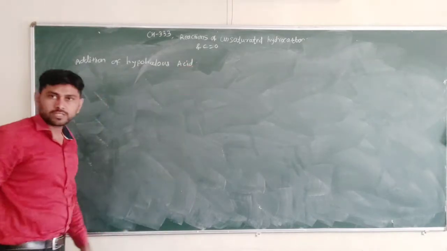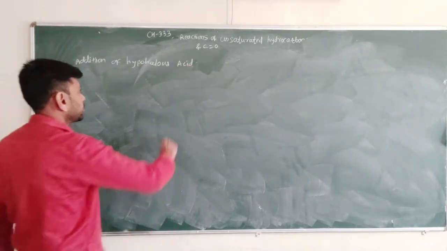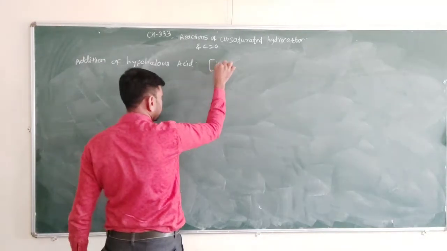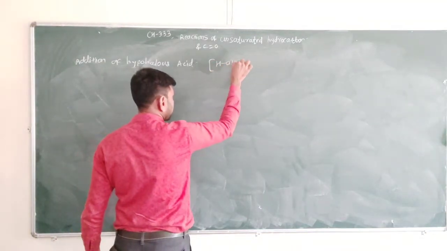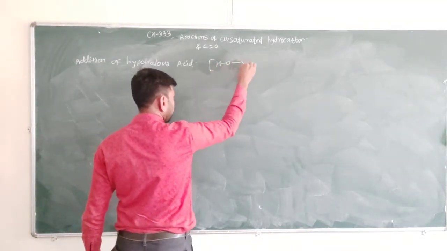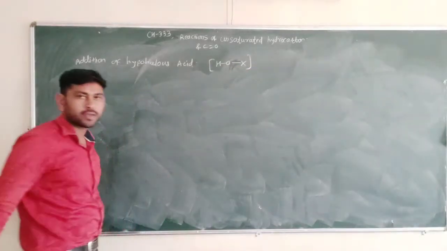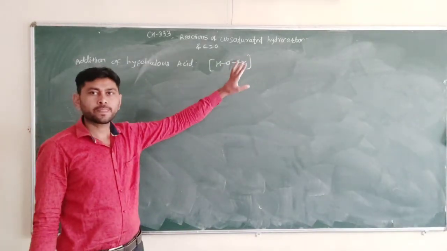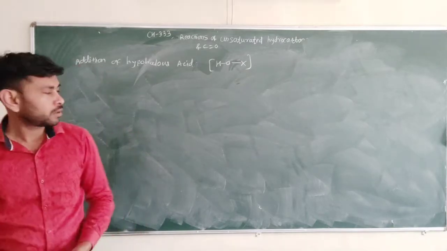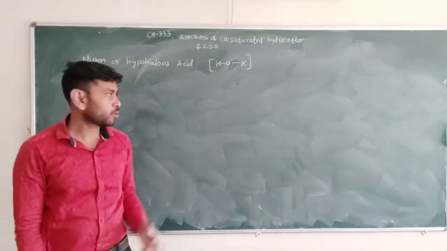What is hypohalous acid? Hypohalous acid is OH and X. This is hypohalous acid. X is any halogen. Okay.